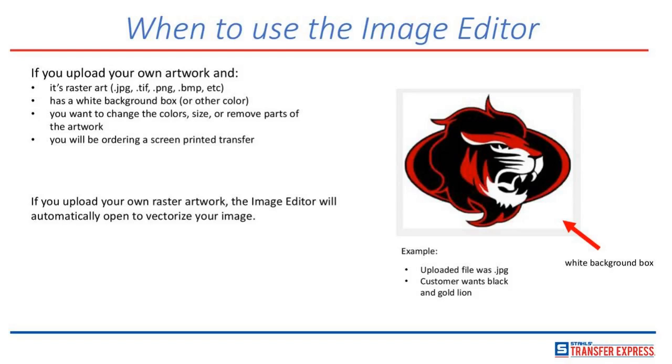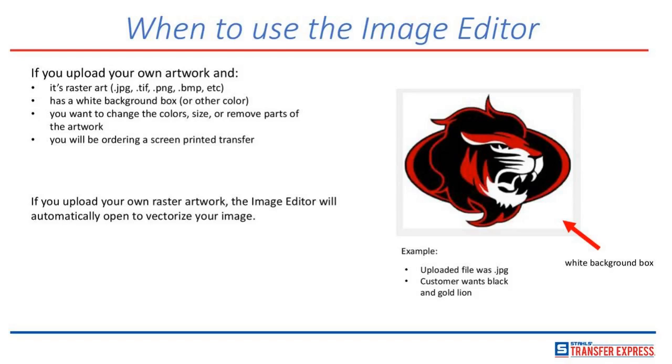You could also want to use the image editor if your bitmap image has that white background. So if you look at my lion here, you'll notice that he's got that white square behind him. That white square is part of the bitmap. Now, there are certain bitmaps that don't have those white squares, PNG files. But unfortunately, most bitmaps do. That white square is annoying because we don't want it there. I don't want that white square on the t-shirt. Gosh, that's ugly. Unfortunately, it's part of the bitmap.